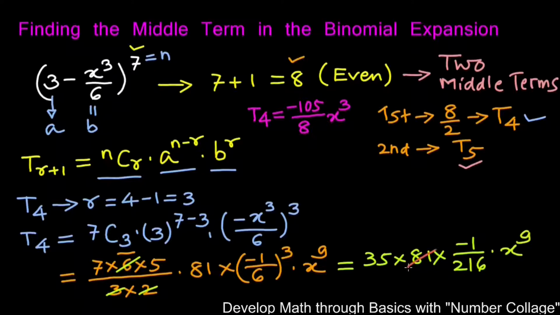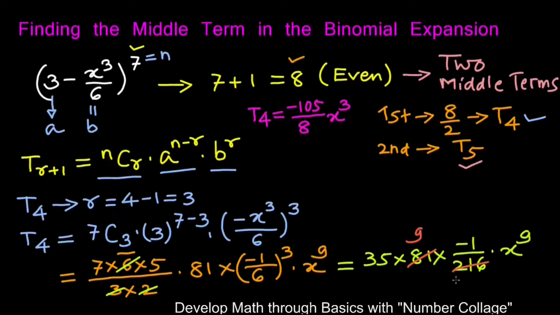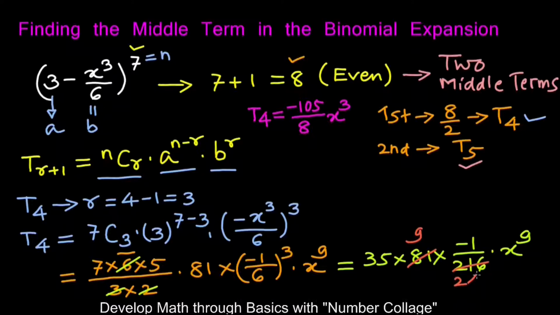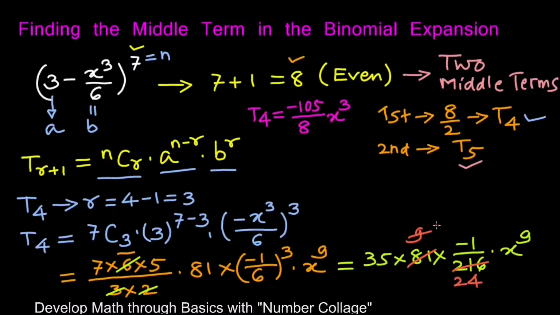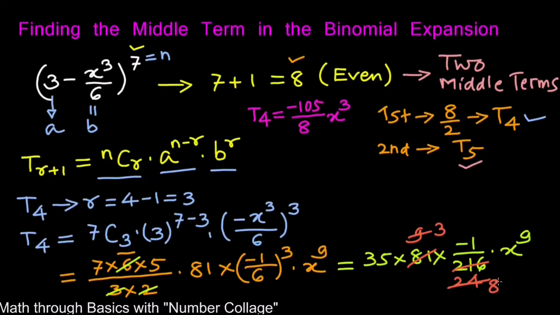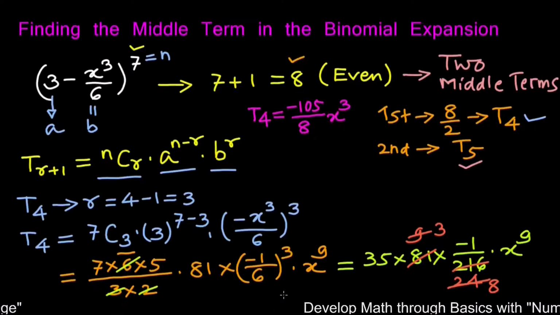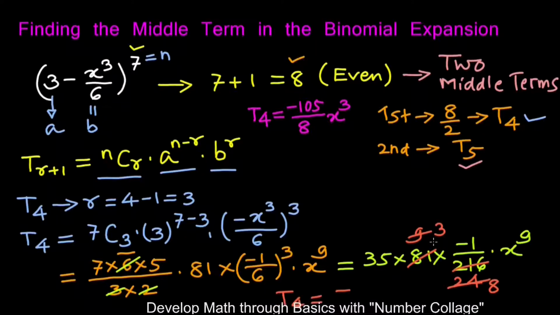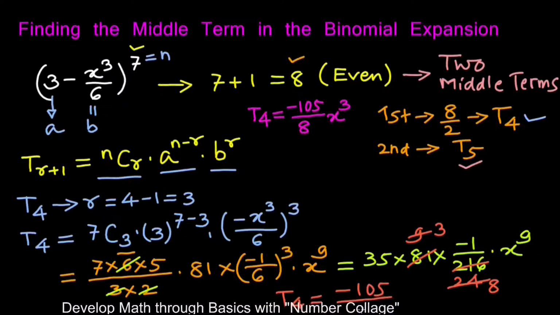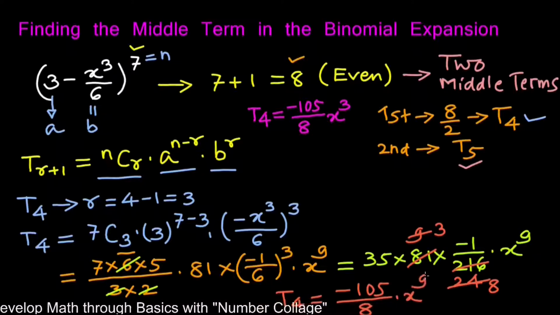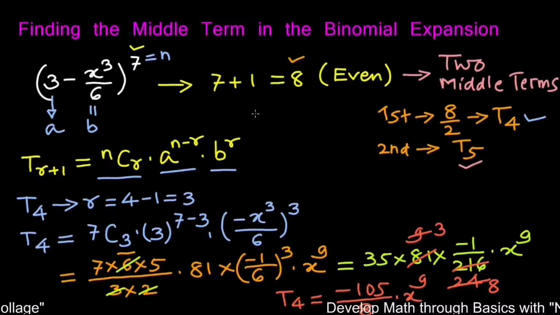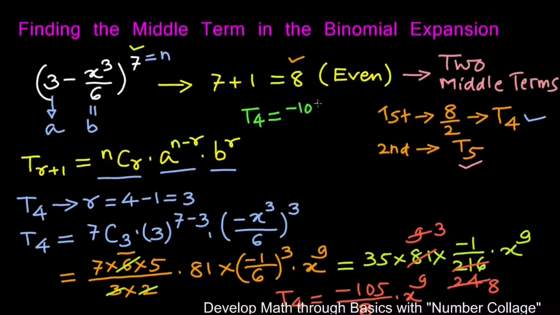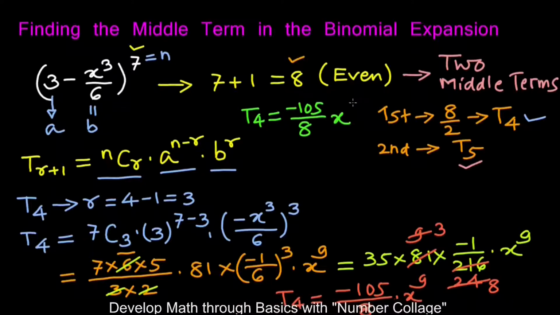Now here 9 9s are 81, 9 2s are 18, 9 4s are 36, 3 3s are 9, 3 8s are 24. So T4 will be 35 3s are minus 105 upon 8 into x raised to 9. So we write the first middle term T4 equals minus 105 upon 8 x raised to 9.